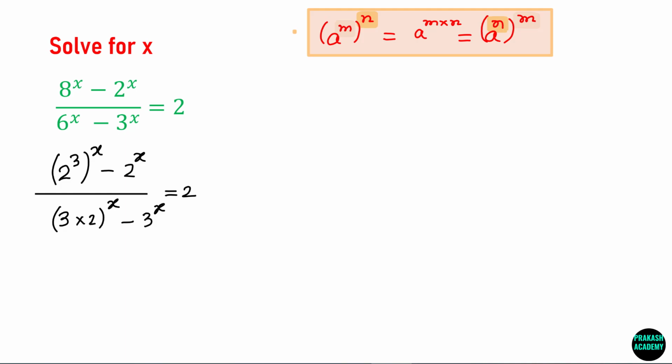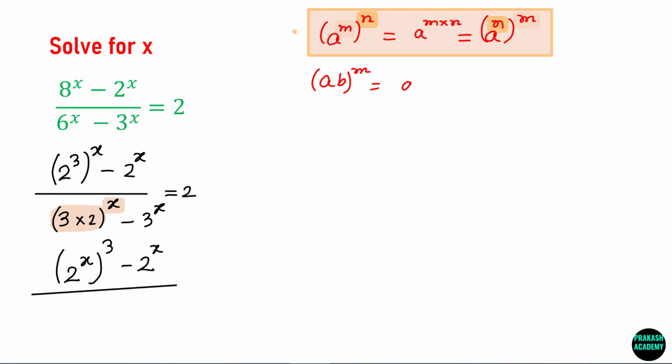So I can write this as (2^x)^3 minus 2^x, and this divided by, so for this term I can further use the rules of power. If you remember, if we have a times b raised to the power m, this can be written as a raised to the power m times b raised to the power m.